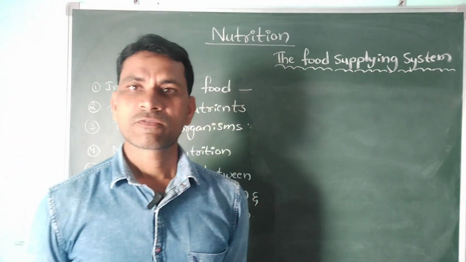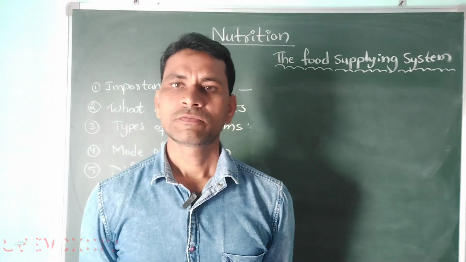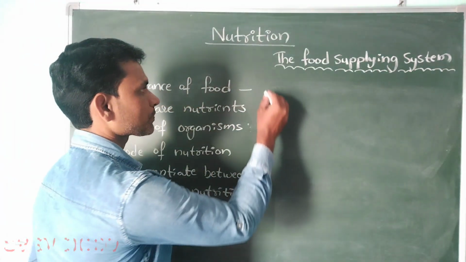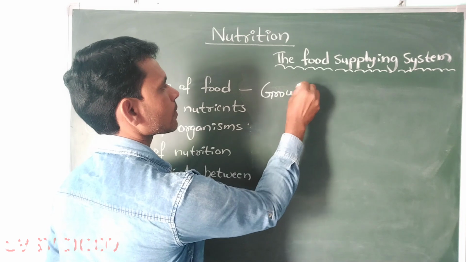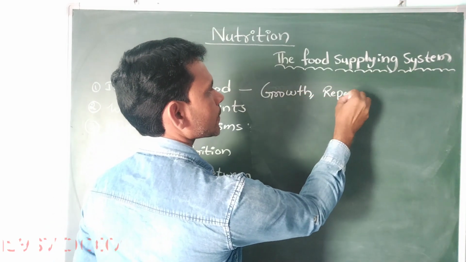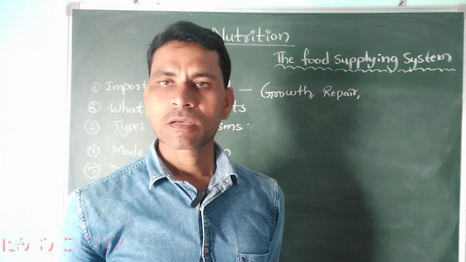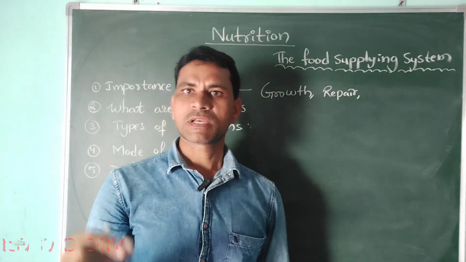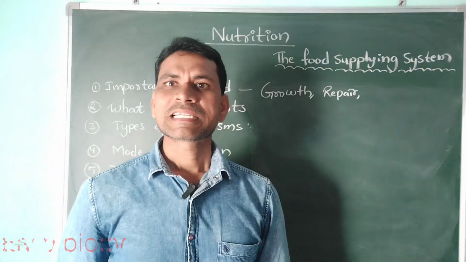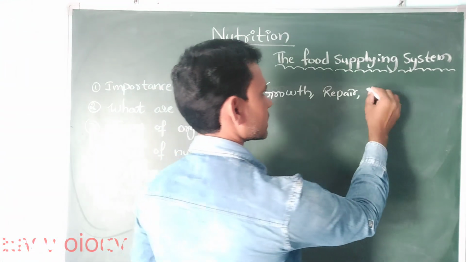Every living organism requires food. Why do they require it? For growth, repair, and regeneration. For example, if the skin is burnt, the skin cells regenerate and heal that area.